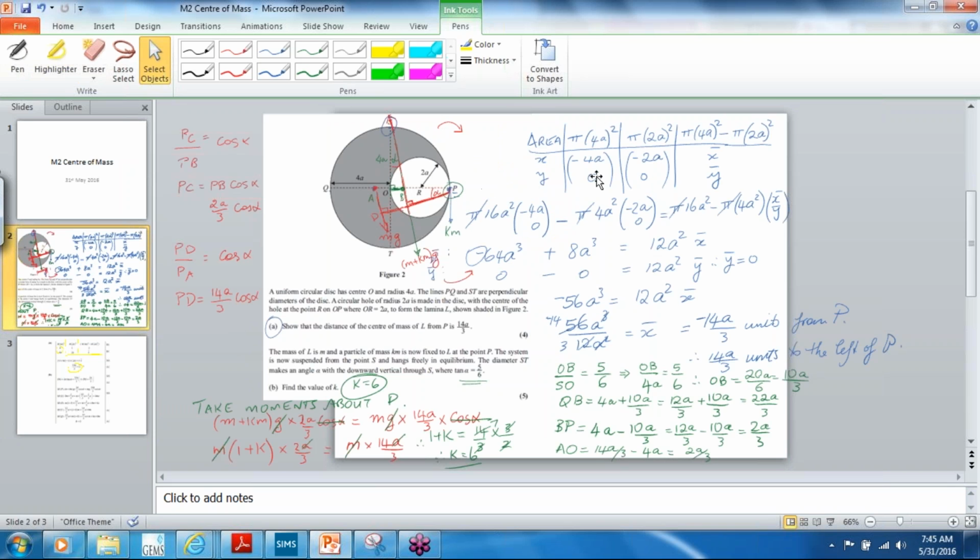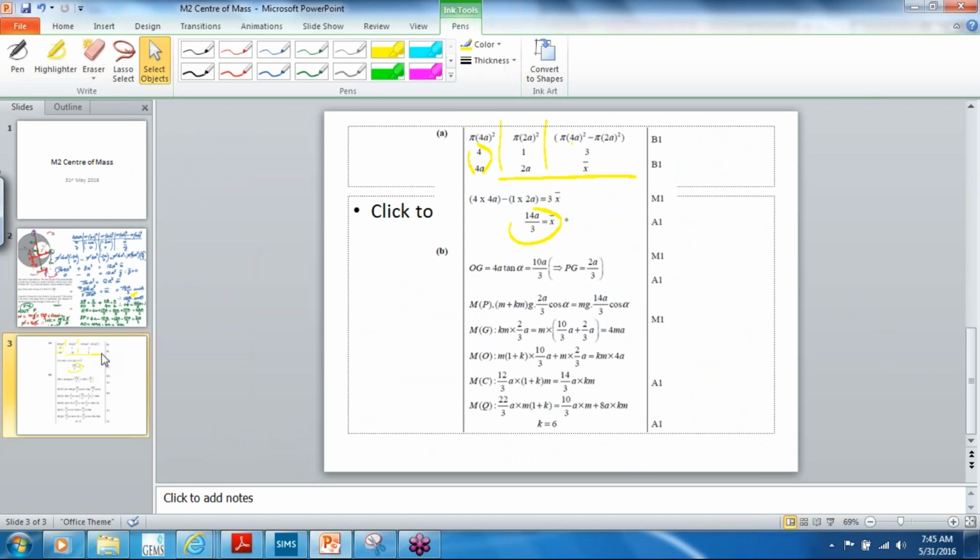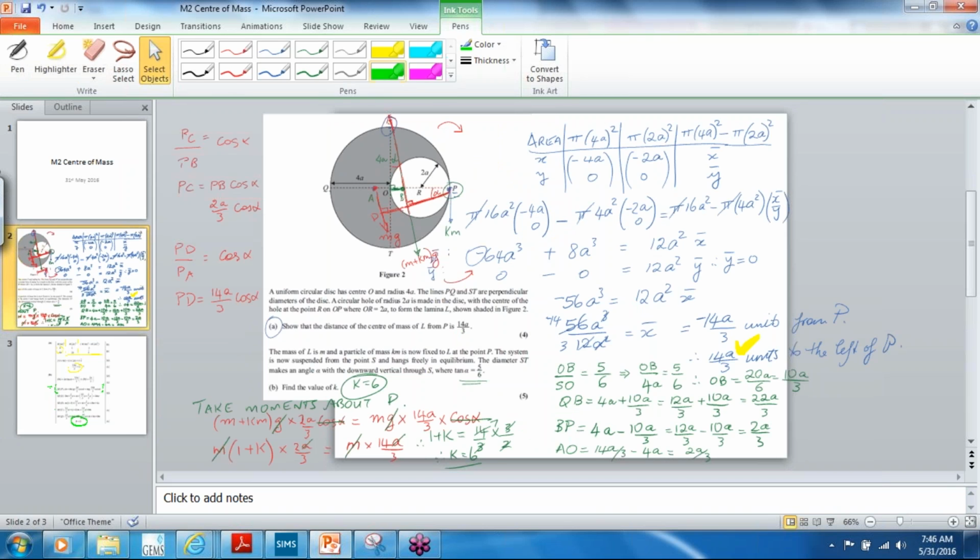We've used 0, y, but we've shown it to be 14A over 3 from P. Then we have k equals 6, and so they've shown a formula. You can actually have taken the moments from any point. We found the moments from P, and this is the formula that we used. And so taking moments about P, k equals 6.